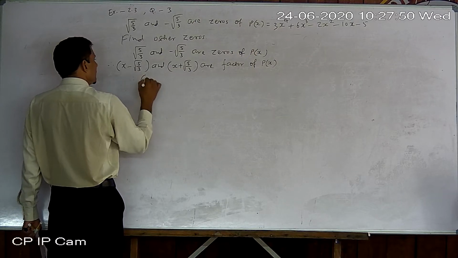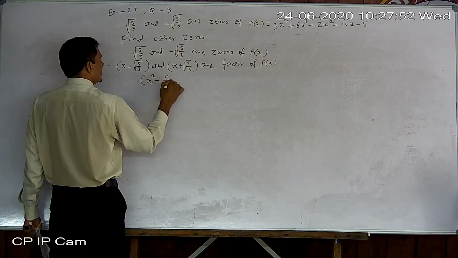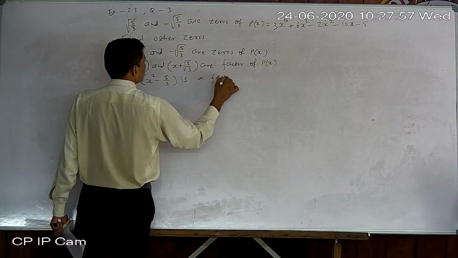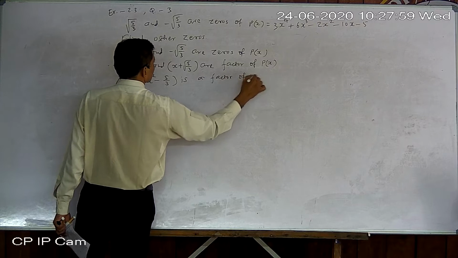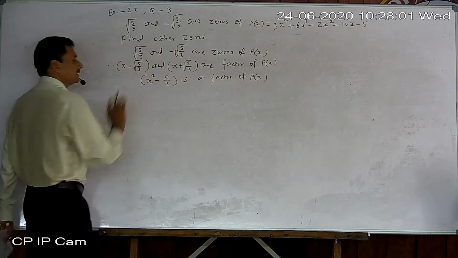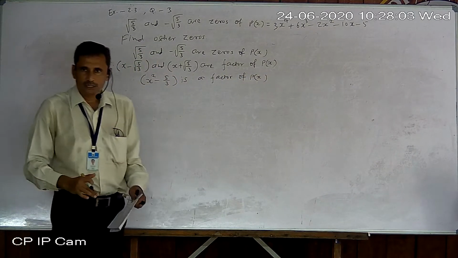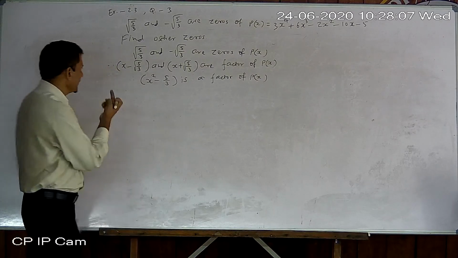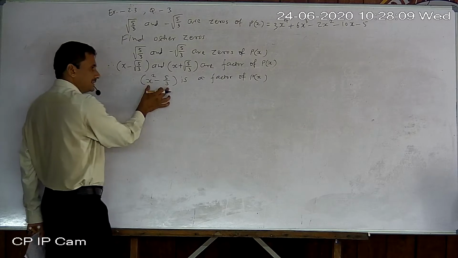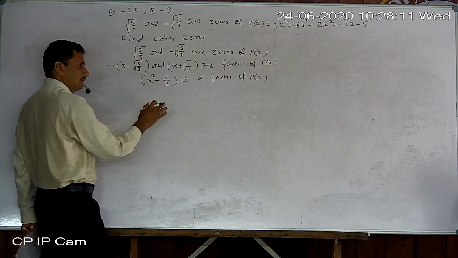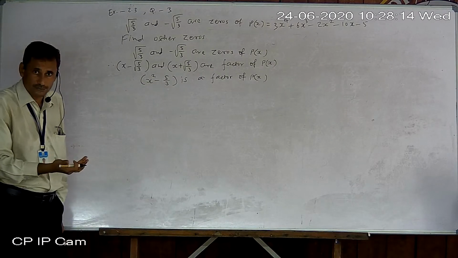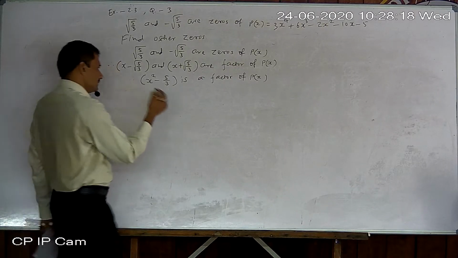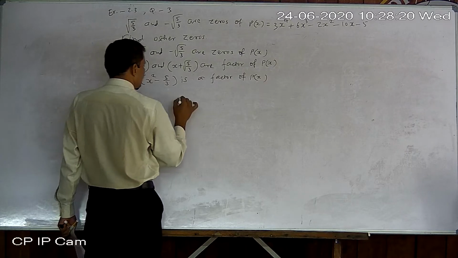Therefore, x square minus 5 by 3 is a factor of p of x. Now that we have one factor, for finding the remaining zeros and factors we have to divide. So now the division process starts.